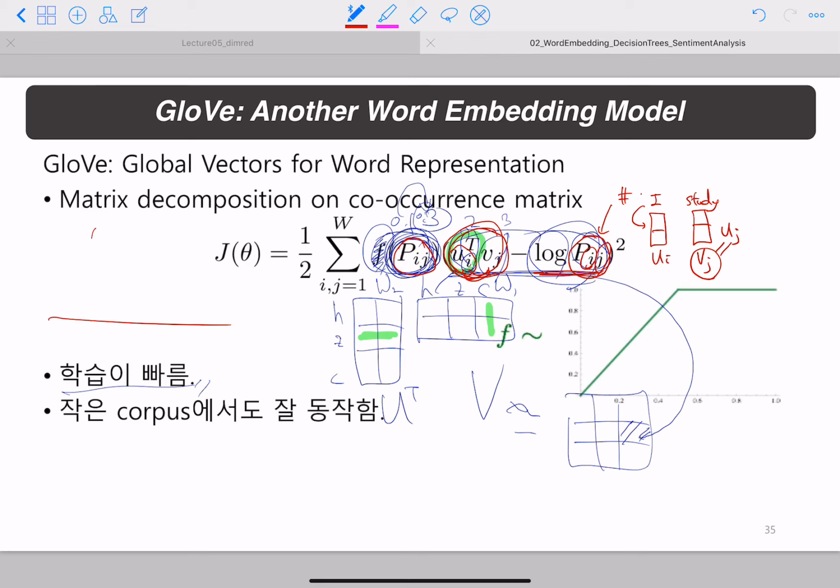And then taking the log of it is something like this. As the number of co-occurrences gets larger, the increasing rate is attenuated. That's the effect of this log function.